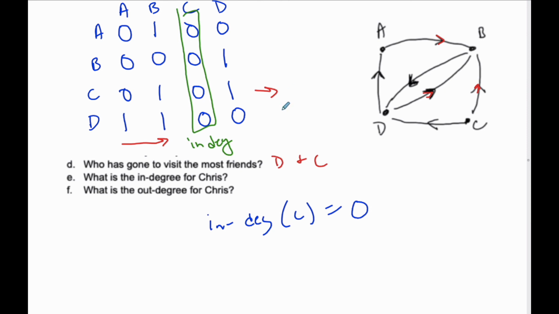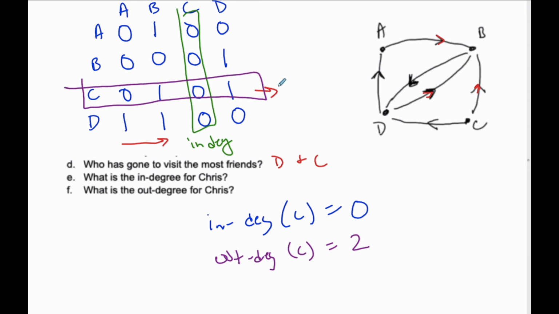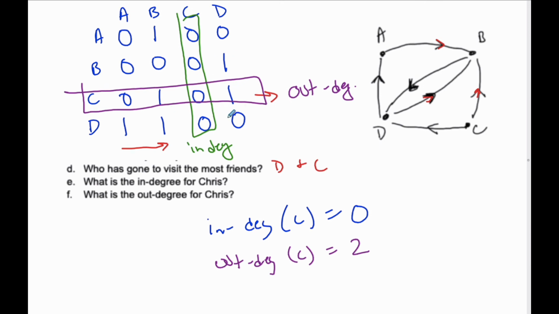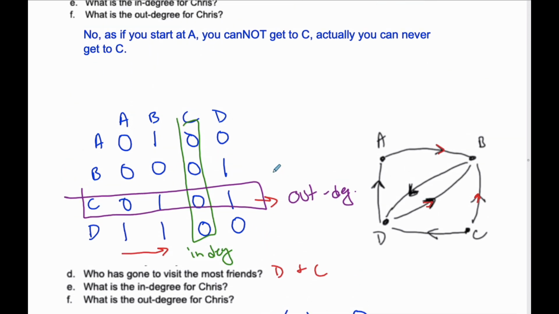And if I want the out degree of Chris, the last part, the out degree is 2. Going this direction here gives the out degree. And so we can use our directed matrices to look at various aspects of our graphs as well.